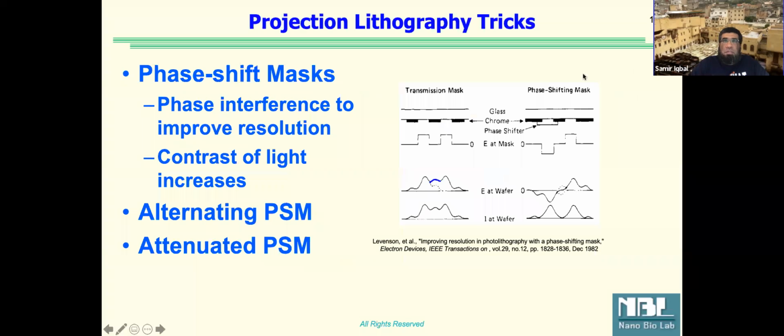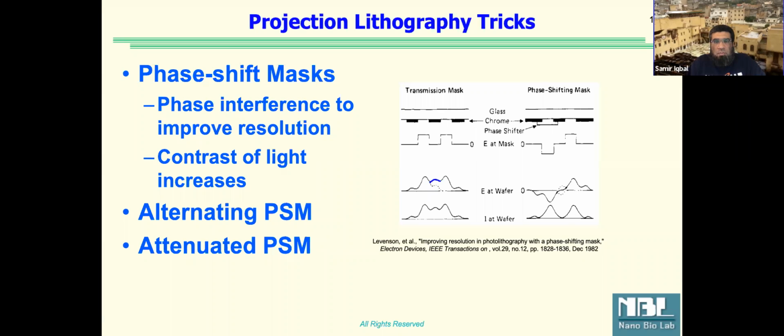So they have used a phase shift mask where now when the two waves come together, instead of aiding each other and making too much energy, they cancel each other out. So you get a very clean feature made on the surface of your wafer. So these are called phase shift mask, PSM. There are two types, alternating PSM, attenuated PSM.